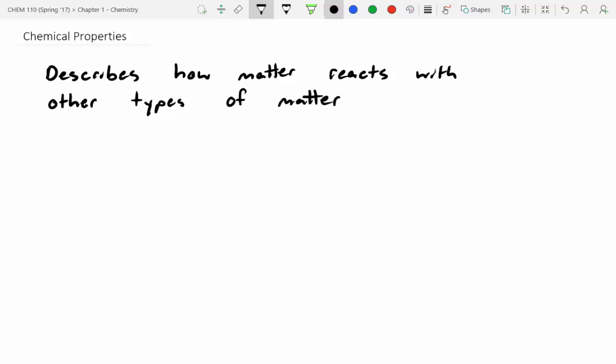And the key thing is that this involves change. So typically when we're thinking about physical properties, there's no change. Chemical change, there is a change. So let's take a look at some examples of chemical properties.